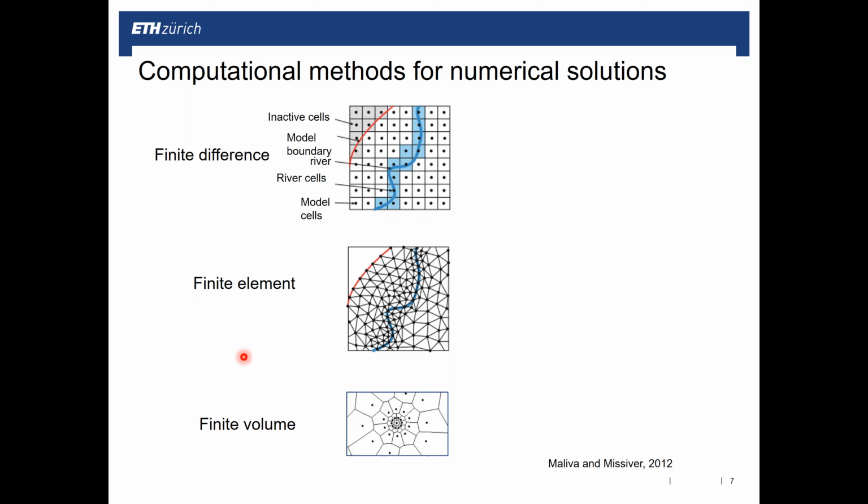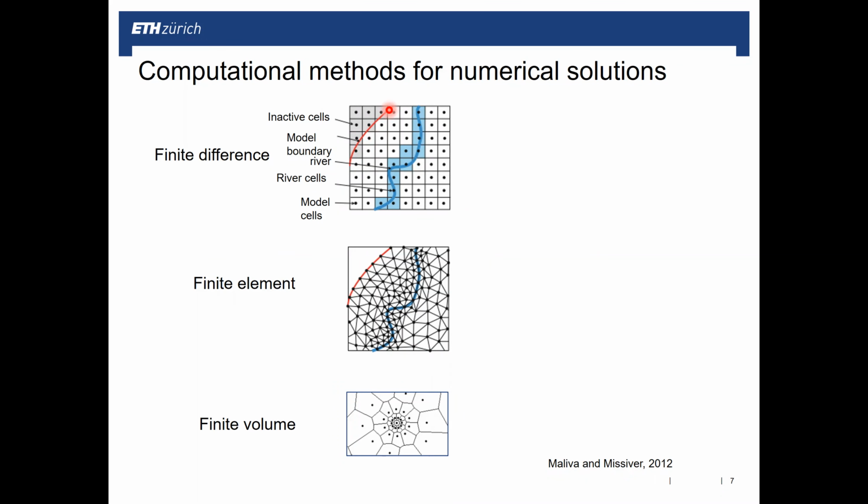The only inconvenience of the finite difference method is that it can't clearly represent line boundaries, like the model boundary or the rivers, because after discretization the boundary becomes a zigzag line shape.